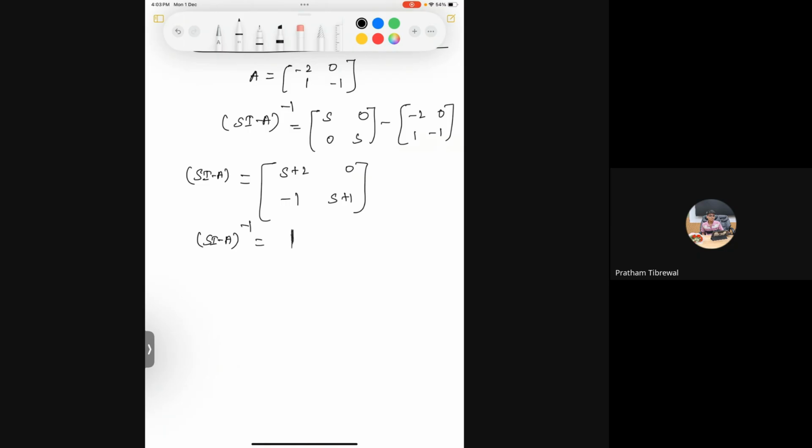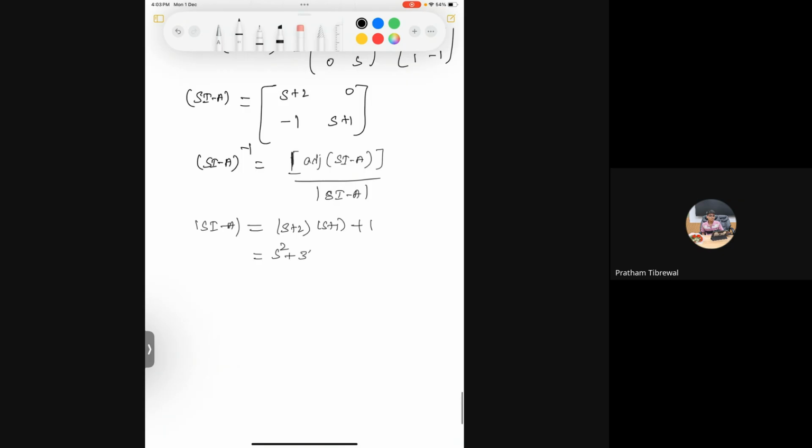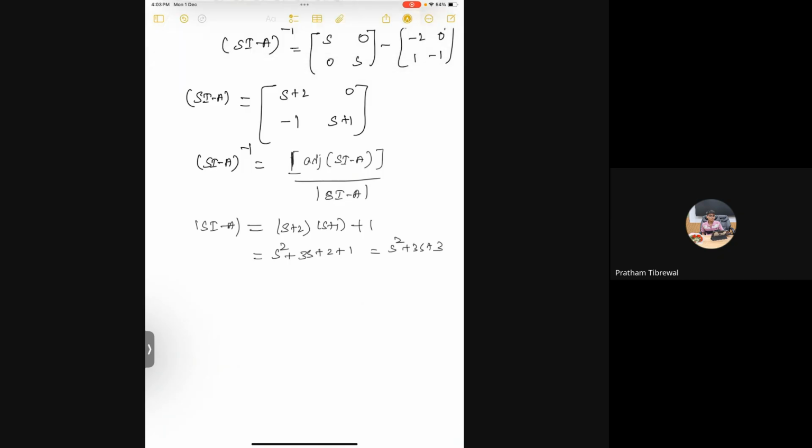Because this will be the adjoint of sI minus A divided by the determinant of sI minus A. So the determinant of sI minus A is S plus 2 into S plus 1 minus of -1, it is +1. S square plus 3S plus 2 plus 1, S square plus 3S plus 3. Sorry, it is 0, right? 3S plus 2 it will be.